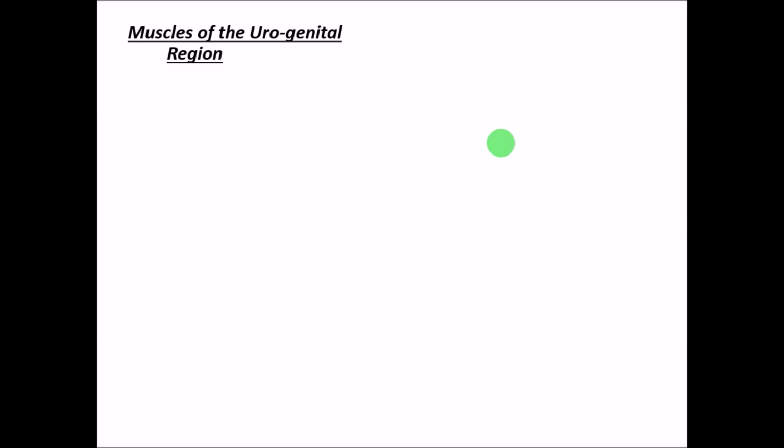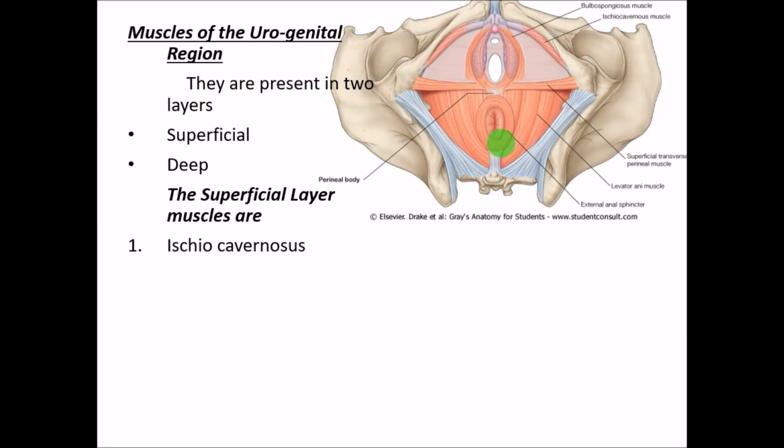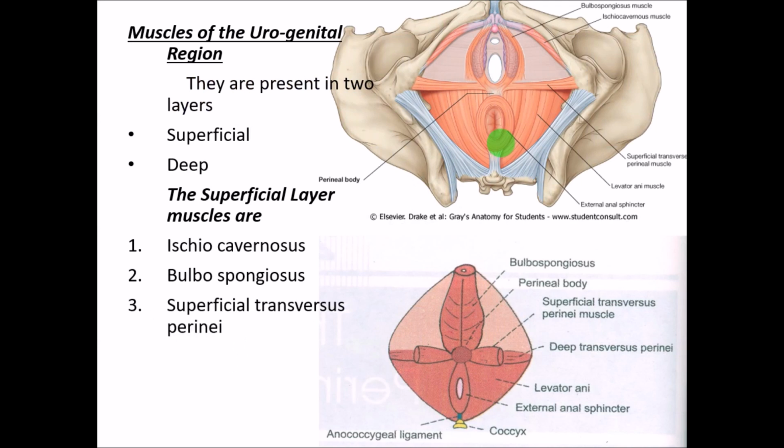Now the muscles of the urogenital region together. We'll study all the muscles which are there in the urogenital region, which we studied already. They are present in two layers, the superficial and deep. As we saw, the superficial layer has the ischiocavernosus, the bulbospongiosus, and the superficial transverse perineus.